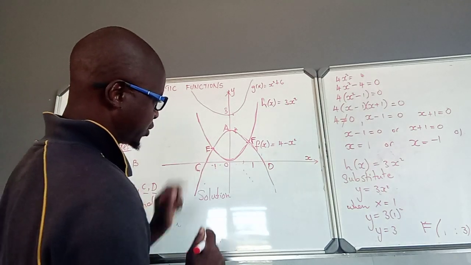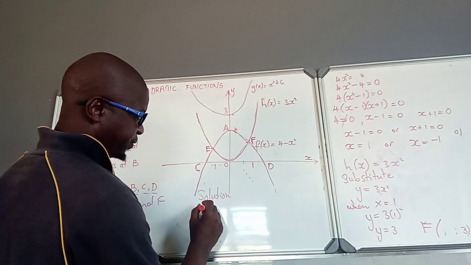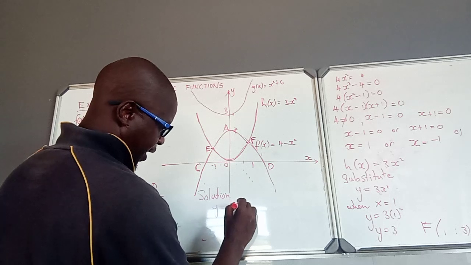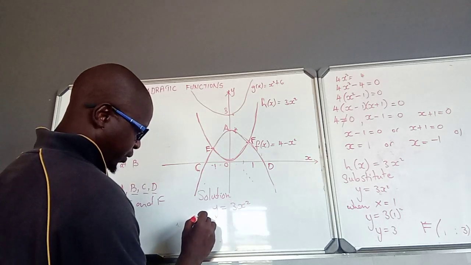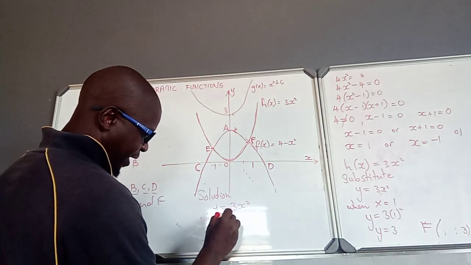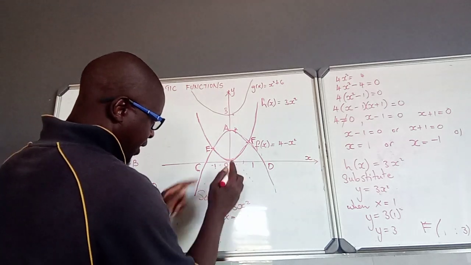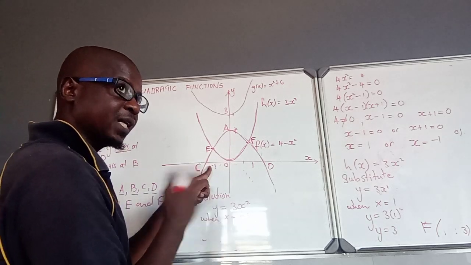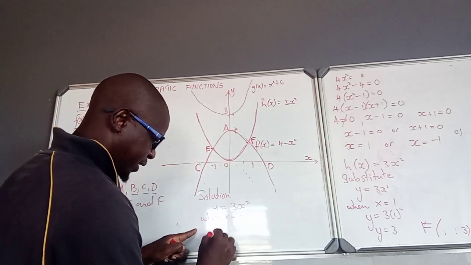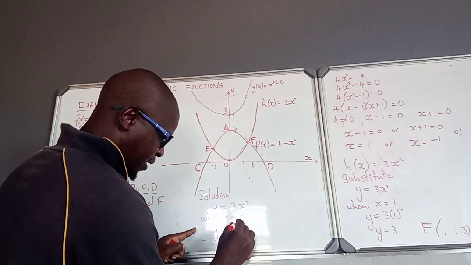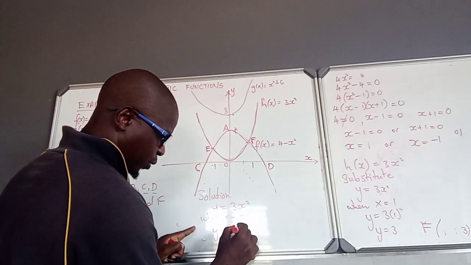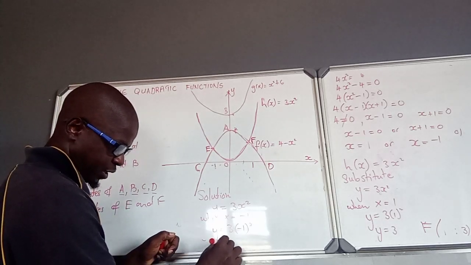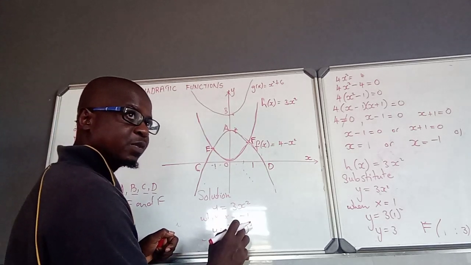I want to find coordinates of E. For coordinates of E, I'm going to once again look at the equation y is equal to 3x squared and substitute with the value when x is equal to minus 1. Because this is E, it has got coordinates to the minus side. So y is equal to 3 times minus 1 squared.